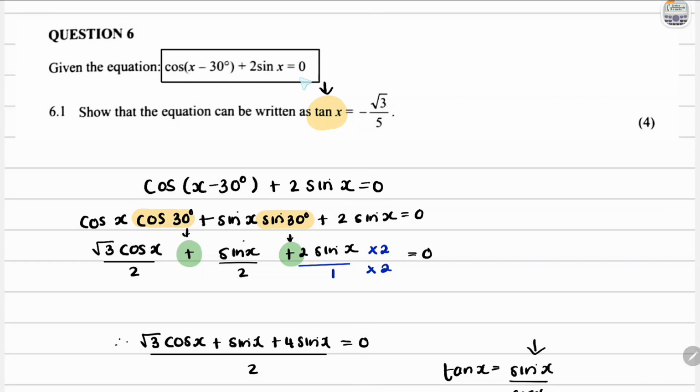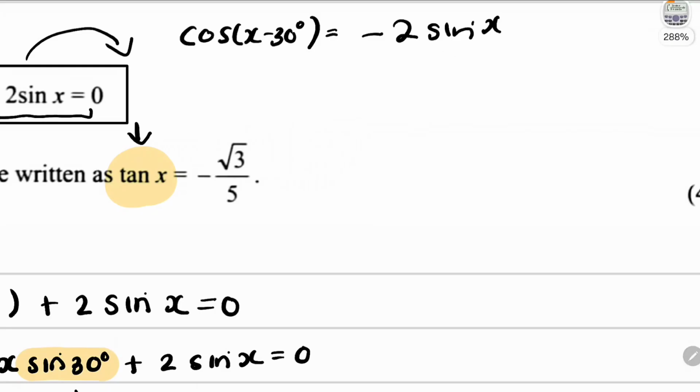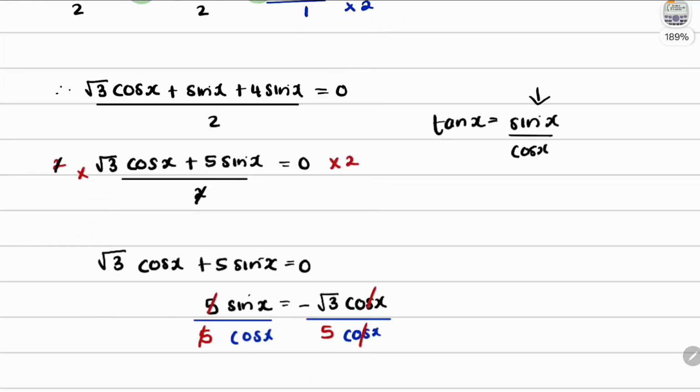But we have a plus 2 sine X here. If you take that over, what does it become? It becomes negative 2 sine X. So really, this is the equation that we just solved for already. We solved for X where cos X minus 30 degrees was equal to negative 2 sine X. And we already know the solution to that.